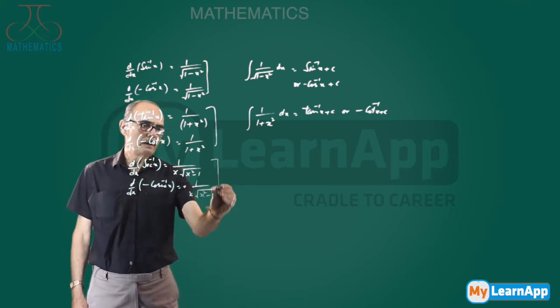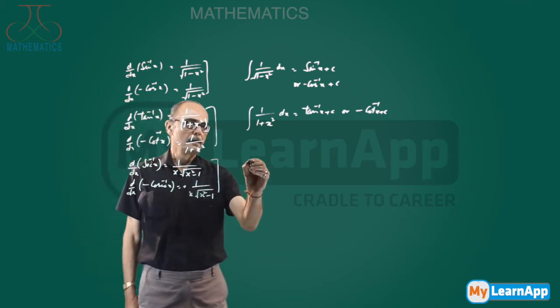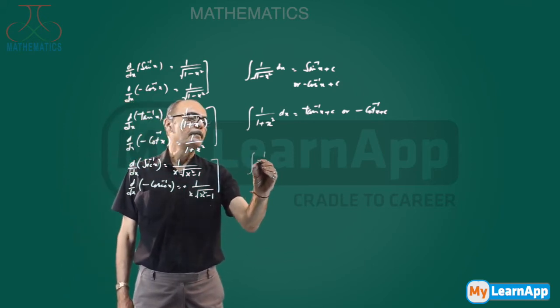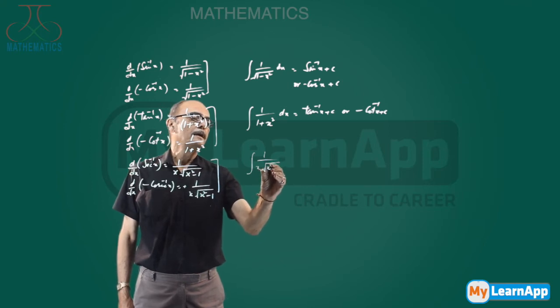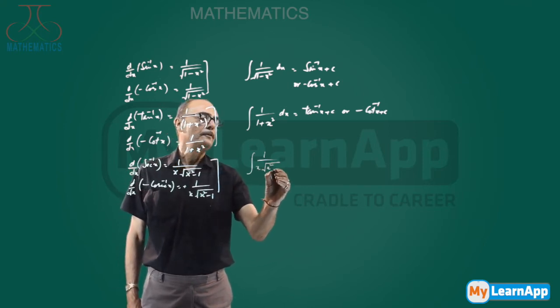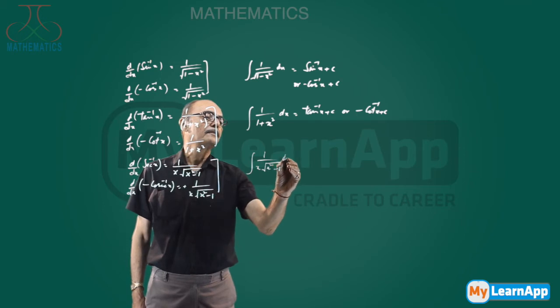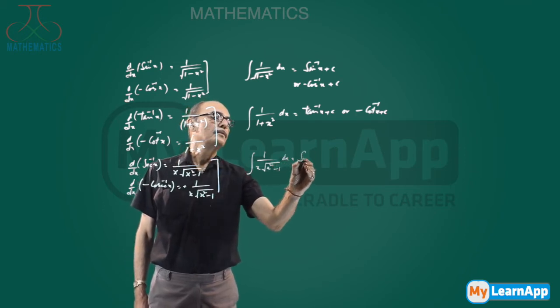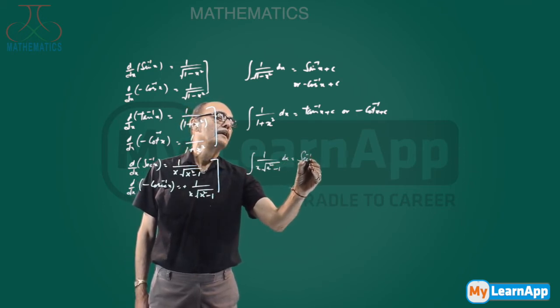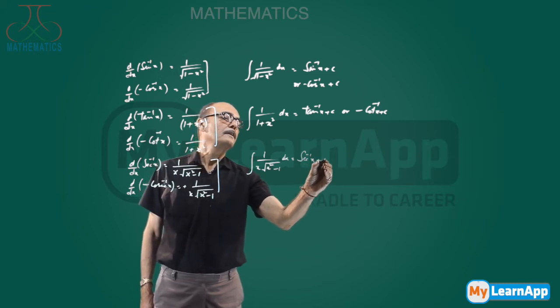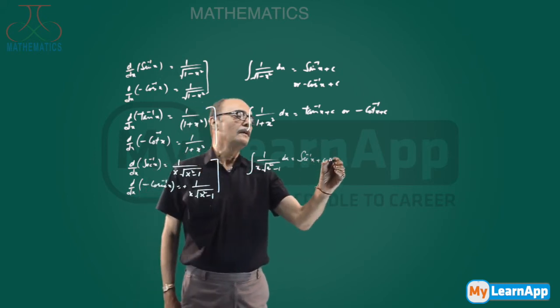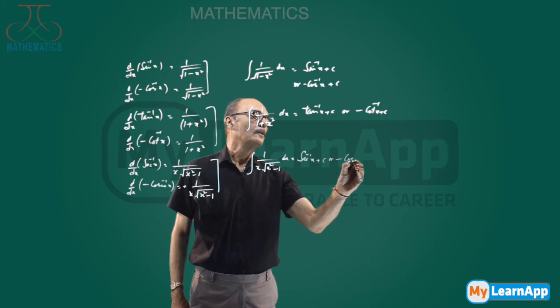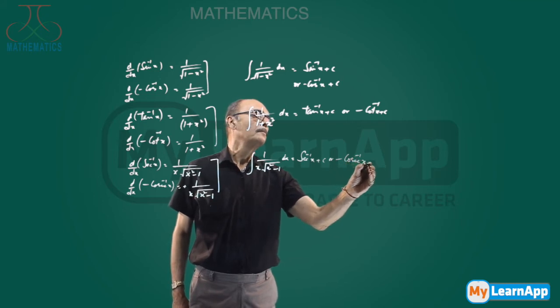So, making use of this, we have integral of 1 upon x under root of x square minus 1 dx equal to secant inverse x plus c, or minus cosec inverse x plus c.